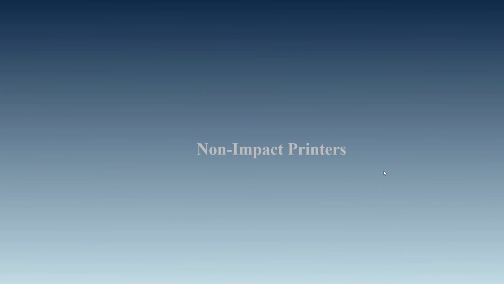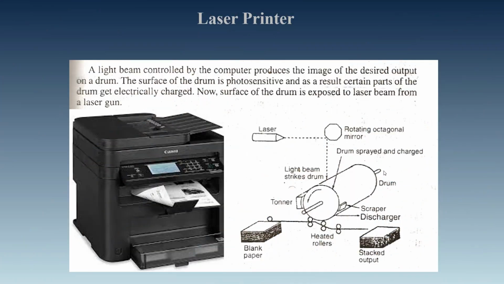Then there are non-impact printers. These are the printers of the modern era. They are faster than the character printer as well as the line printer. This is the laser printer, widely used, with very fast operation, printing a lot of pages in just a single minute. Here is a laser beam, this is the print head, these are the stack of papers, and dry ink is used in these printers in powder form.